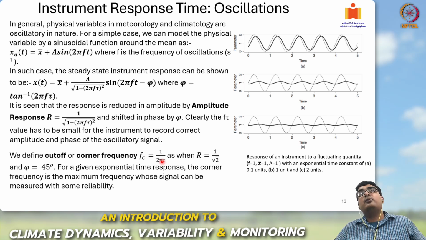So, the actual frequency is much greater than the corner frequency, and as a result, you see a huge decay; you are not getting the amplitude or the phase correctly. Okay. So, that is the problem. Your frequency values have to be less than the corner frequency.